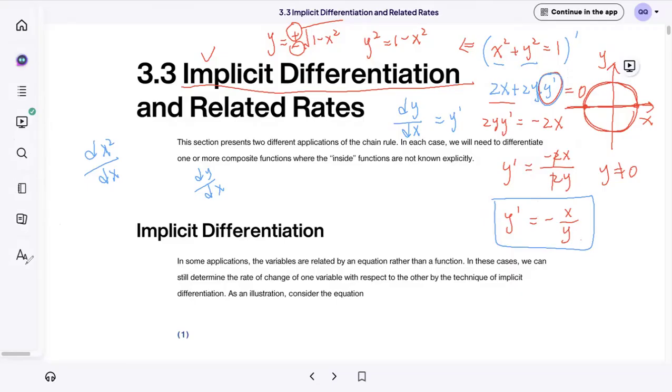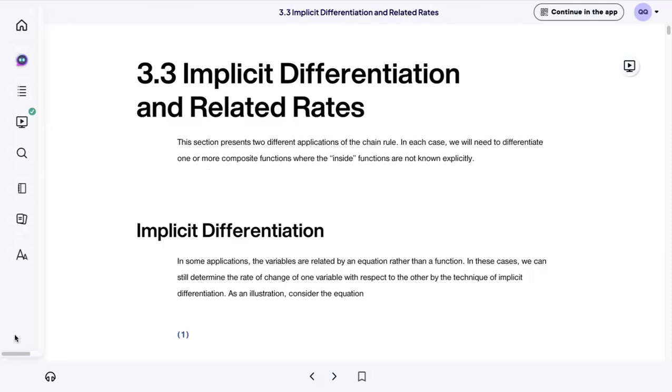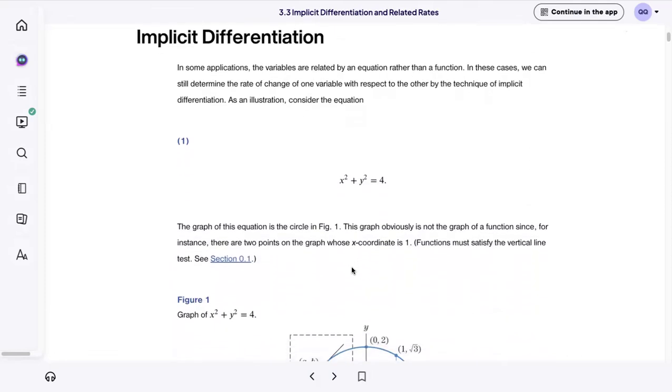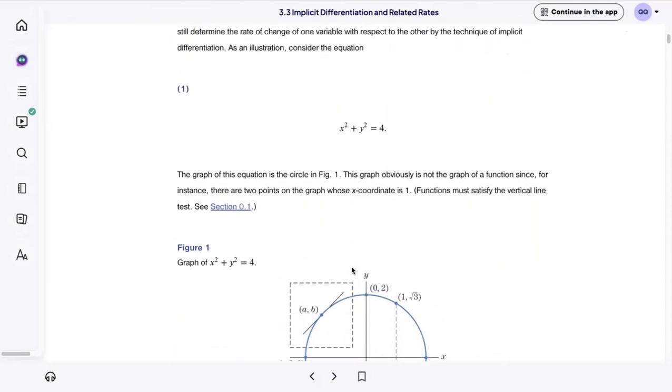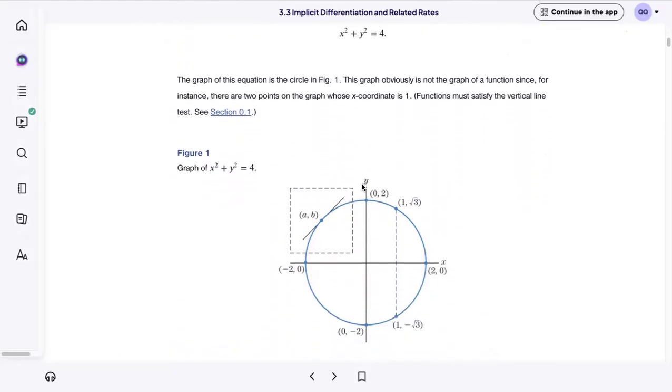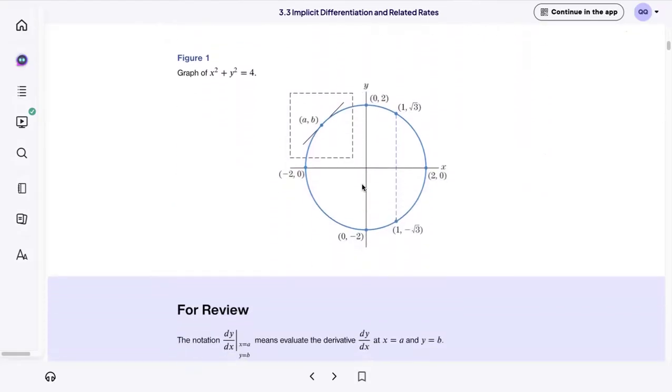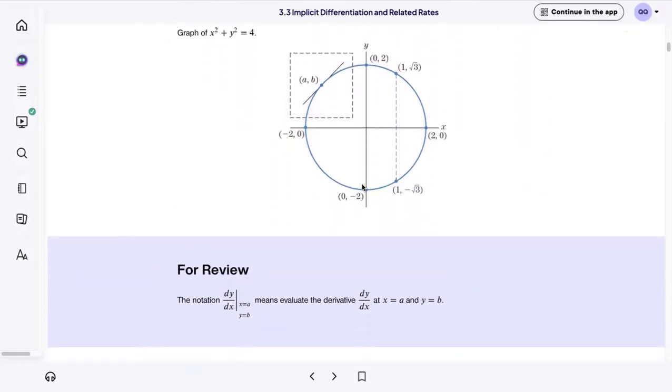Okay, let's see more examples. So this is the circle with radius 2. The one I used as an example was radius 1. Let's see the picture.